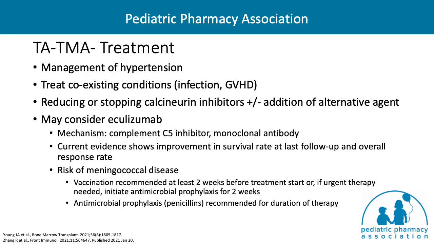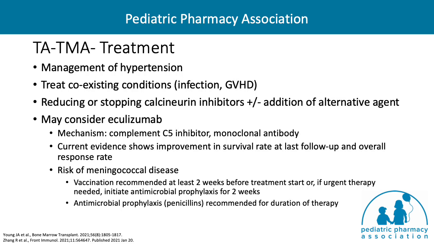Coexisting conditions like infection and GVHD should be treated because they can contribute to endothelial injury caused by TA-TMA. Reducing or stopping calcineurin inhibitors should be considered, as well as adding on an alternative if needed. Of note, sirolimus may not be a good option as an alternative given that it is associated with TA-TMA in combination with tacrolimus.